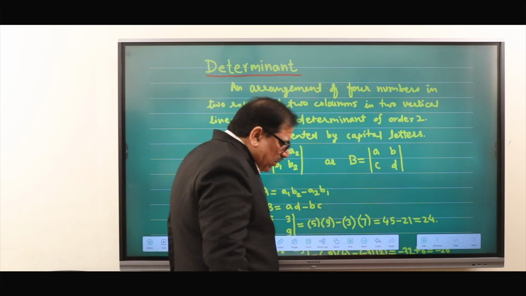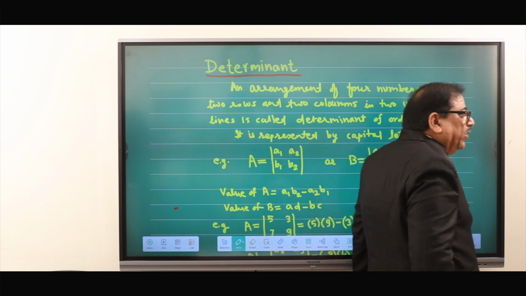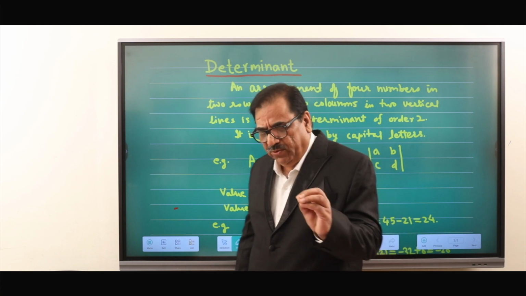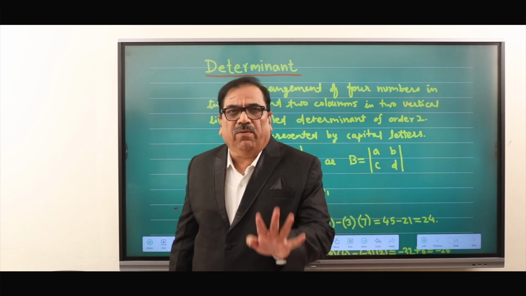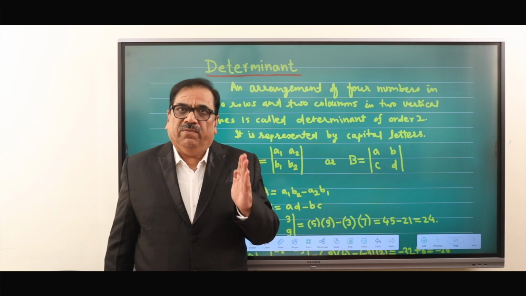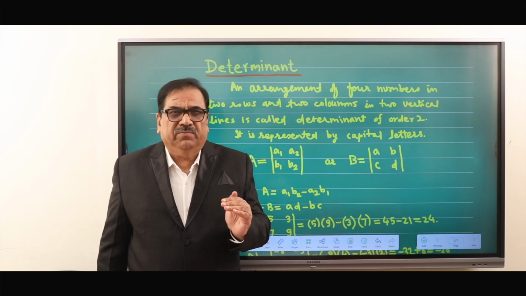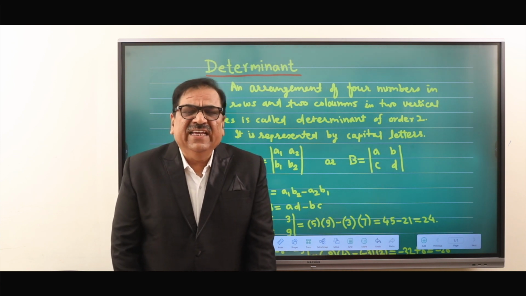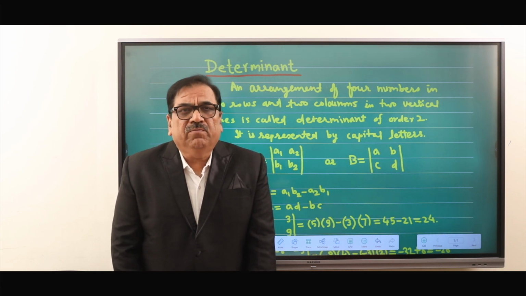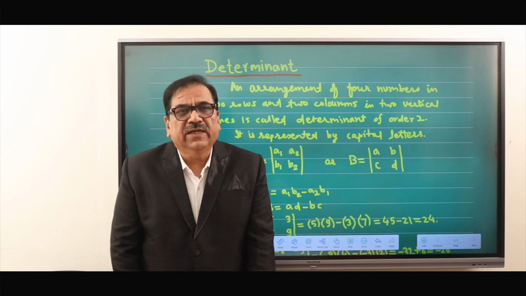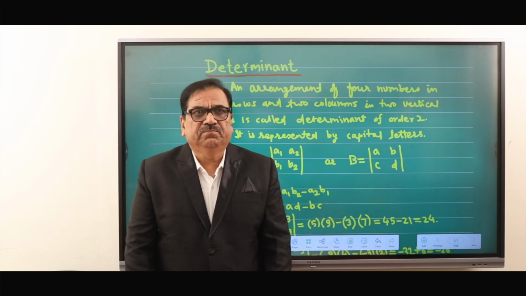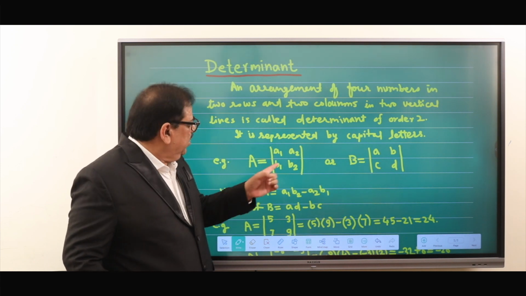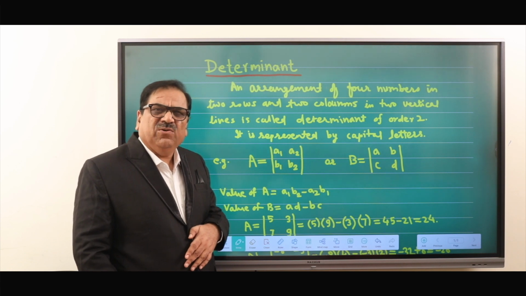So the value of a determinant of order 2 is the product of the number in the first row, first column with the number in the second row, second column. a1 is the number in the first row, first column. b2 is the number in the second row, second column.